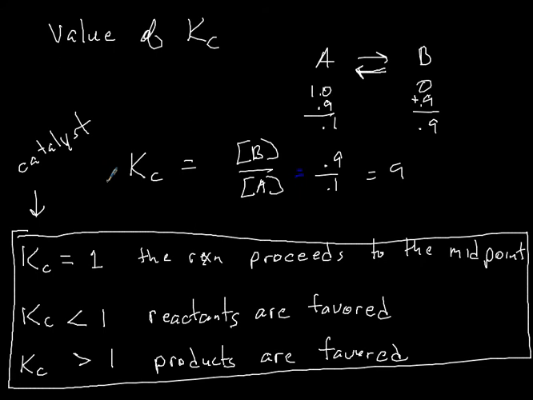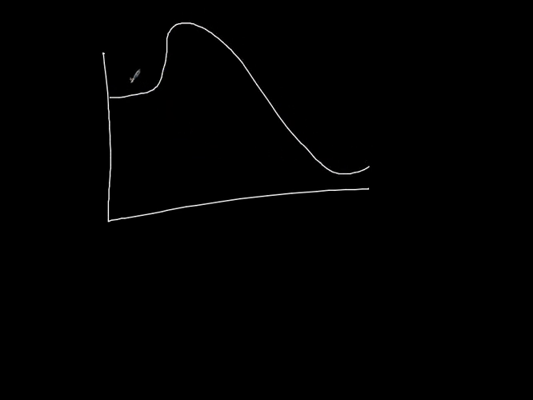But remember, what does a catalyst do? A catalyst speeds up the rate of a reaction. It does not shift where equilibrium lies. And so if you look at your enthalpy level diagrams with and without a catalyst, what a catalyst does is lower that activation energy. That increases the rate of the forward reaction, but it also increases the rate of the reverse reaction. So the reverse reaction happens faster, the forward reaction happens faster.